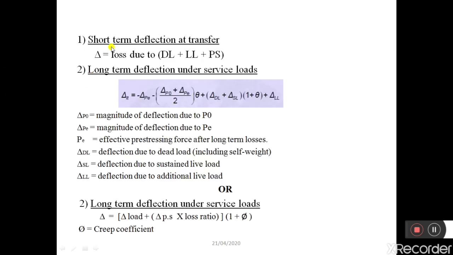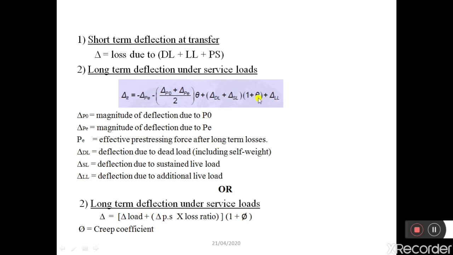Here we have a formula for short-term deflection and long-term deflection. For short-term deflection, this is the formula: deflection due to dead load, live load, and prestress. For long-term deflection, this is the formula, and the explanation of these terms is given here. What is delta PO? What is delta PE? Delta DL, delta SL, delta LL.